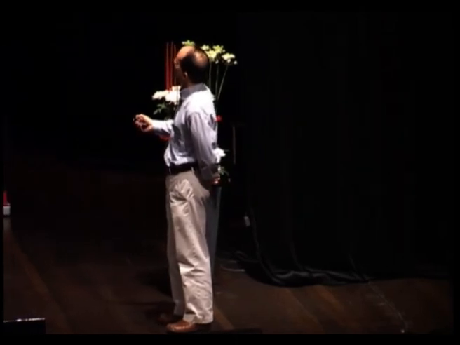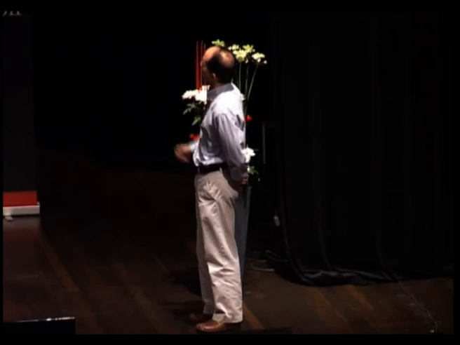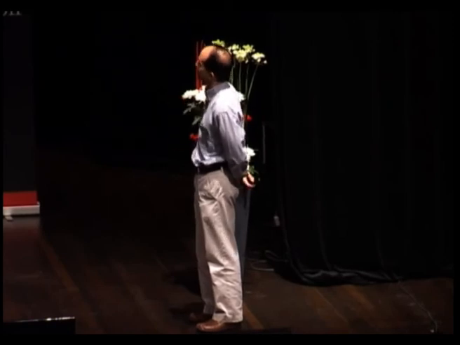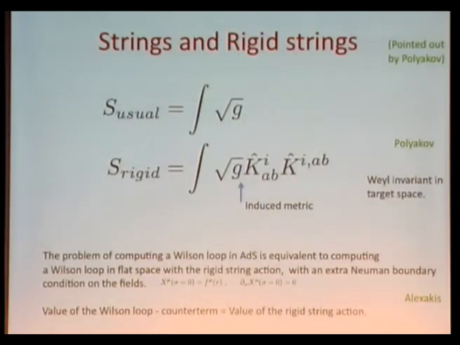So if you are calculating a Wilson loop expectation value, after I wrote my paper, Sasha Polyakov pointed this out to me. If you are calculating Wilson loop observables in AdS, then you can calculate them as Wilson loop observables in flat space, but with a different action.